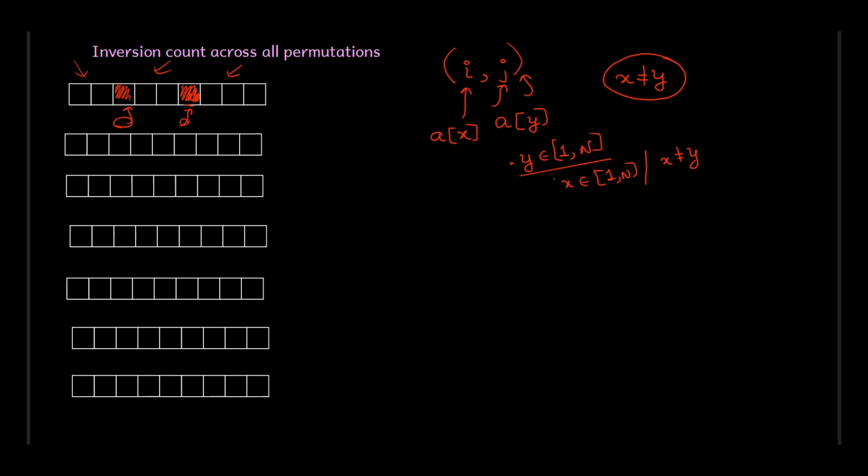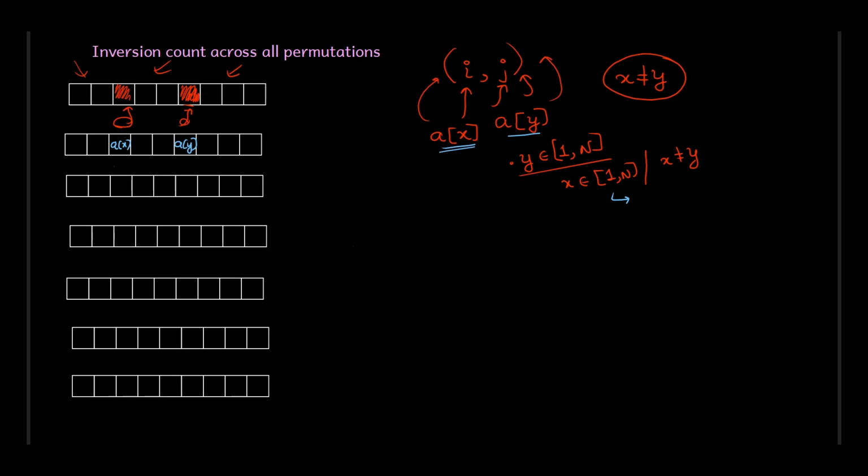And once you have fixed x and y, then you want to plant a of x at this location, and you want to plant a of y at this location. So if you have already fixed these two elements, you know whether they are an inversion or not. But then you also have to find out in how many arrays this will happen. So you have just placed x over here, so this is a of x and this is a of y.